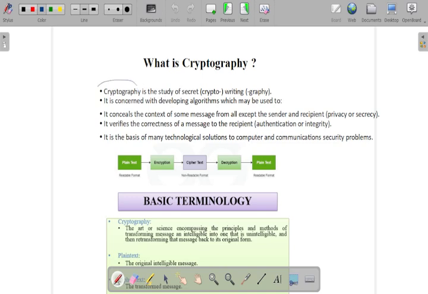Cryptography is a term derived from two words, crypto plus graphy. Crypto means secret and graphy means we are writing something. So whenever the term cryptography comes into the picture, it is the study of secret writing.